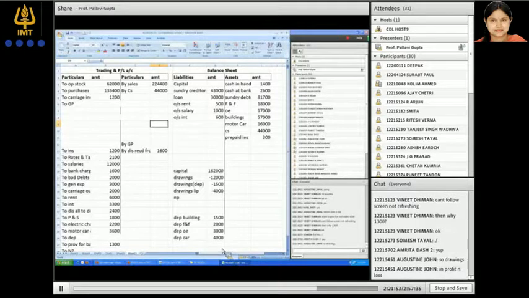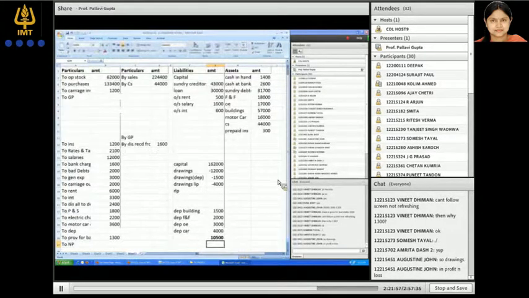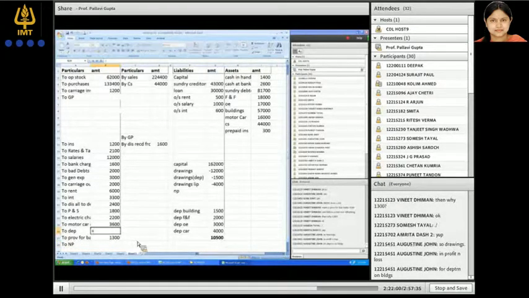Okay, let's close it. First, let's close the working note. Depreciation total, I will put this total here in the PL.